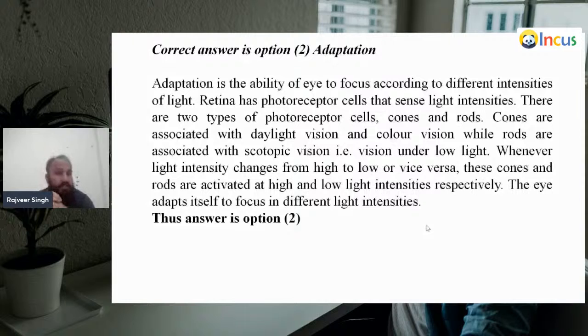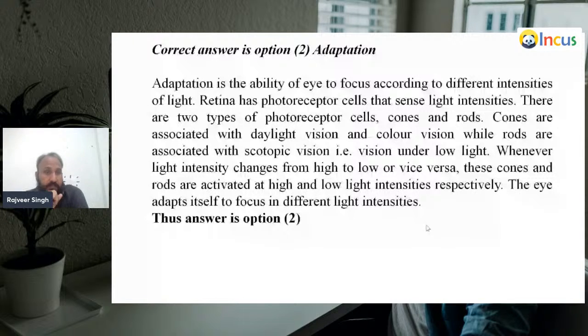Cones are associated with daylight vision and color vision, while rods are associated with scotopic vision, which means vision under low light, whenever light intensity changes from high to low or vice versa. These cones and rods are activated at high and low light intensities respectively.